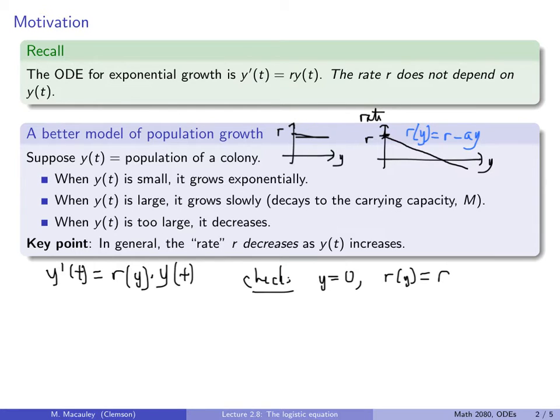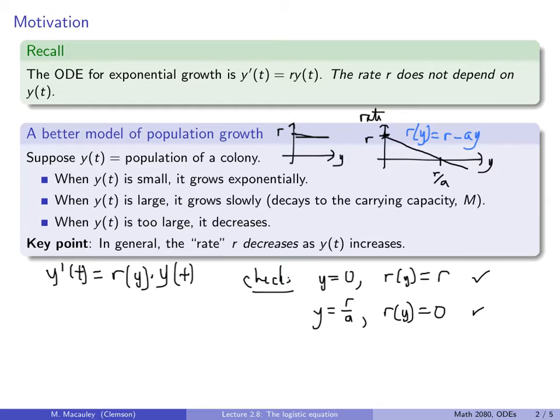And now we're going to assume that we're double using this r for a constant and for the function, but I think that's okay. So r is normal. When y is r over a, that's this point right here, r over a, then the growth rate is equal to 0, and that's good when y of t is large.